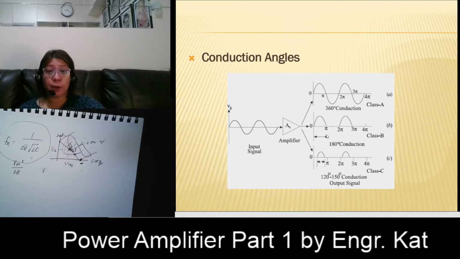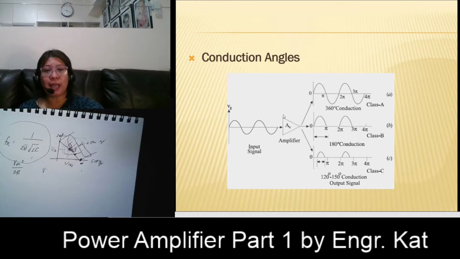As you can see, for Class B, it operates only for 180 degrees. During the negative half cycle, we don't have an output. So we have here distortion. The signal is already distorted. Why? Because your output doesn't look like your input anymore.